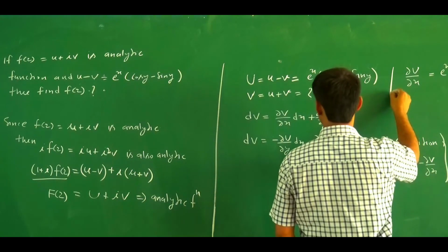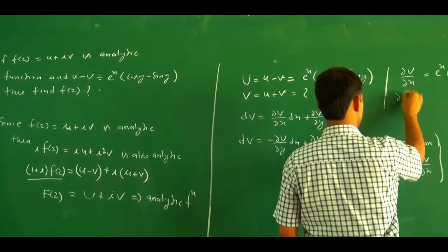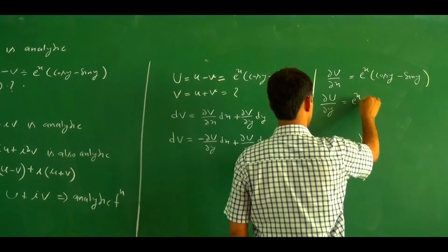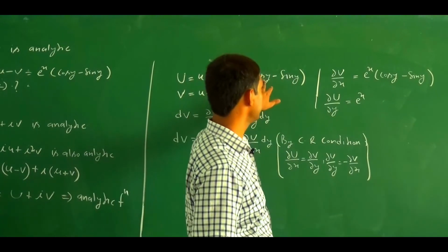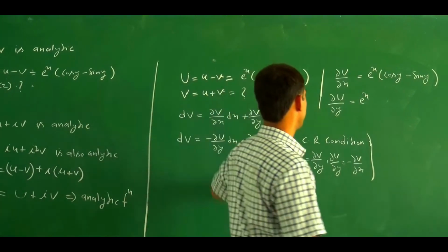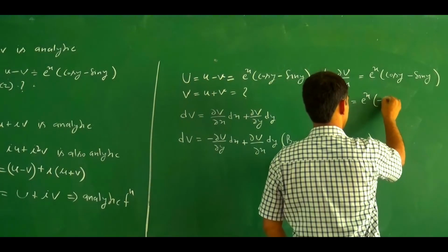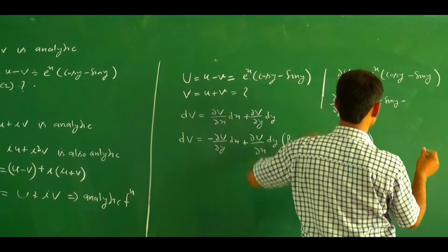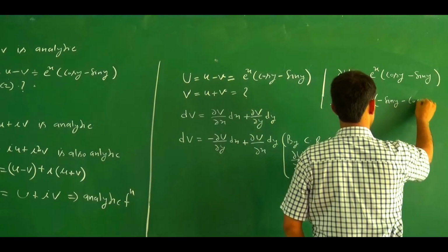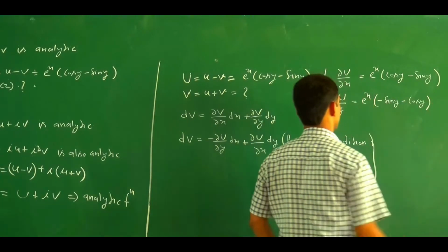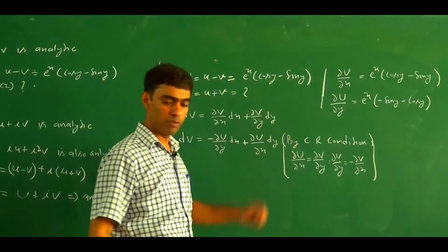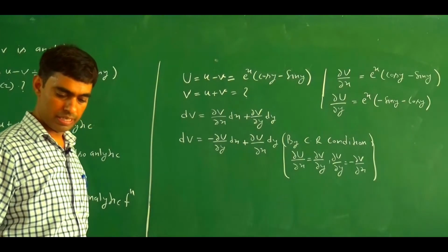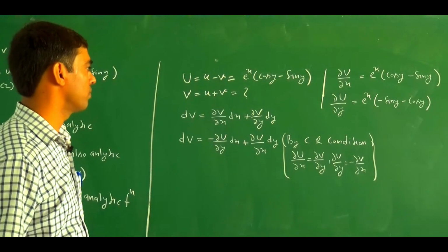And what is the value of ∂U/∂y? ∂U/∂y = e^x times, what is the differentiation of cos y? Cos y becomes minus sin y. And what is the differentiation of sin y? Cos y, so minus cos y. So this one is the value of ∂U/∂x and ∂U/∂y.